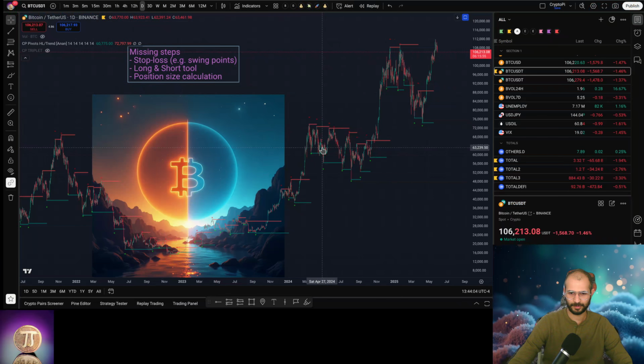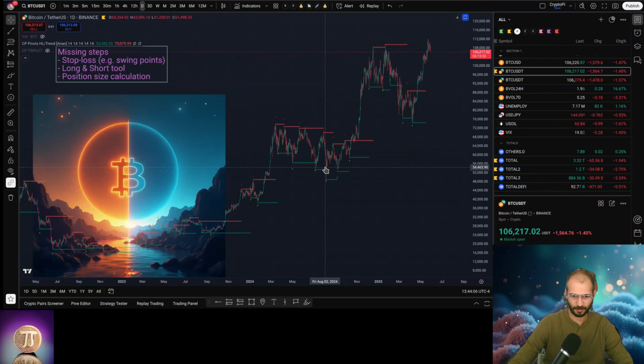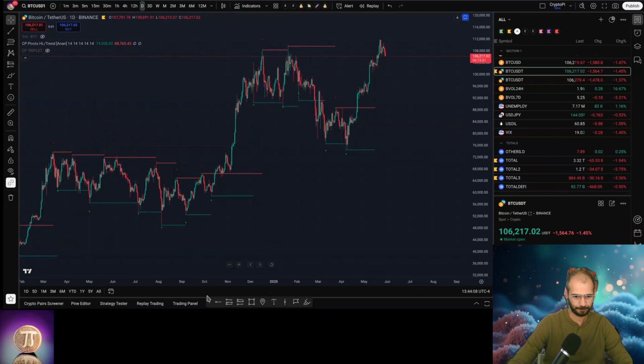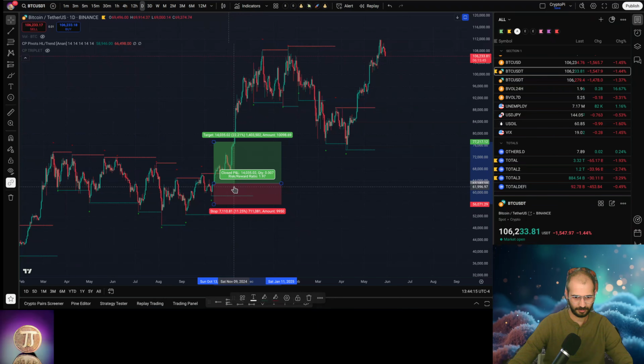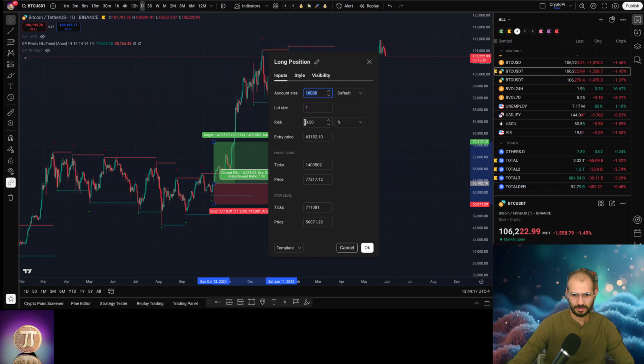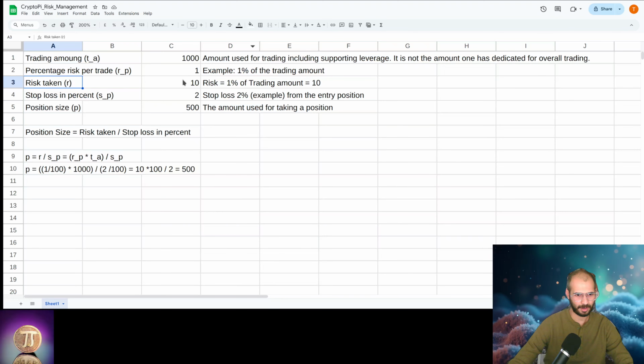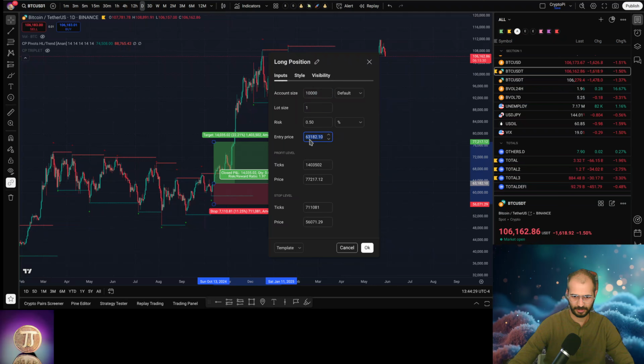Now, there is one thing which is also in this long short tool. It's not just identifying the position here, but if you double click on this one, you can simply create a nice formula-based Excel sheet where you identify what is your stop loss based on what is your entry price, what is your stop level.